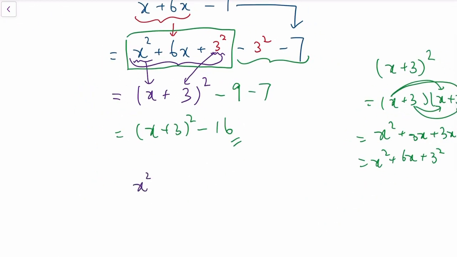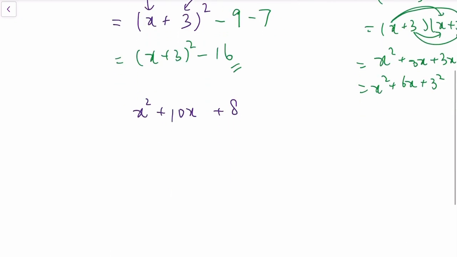Now let's try one more. x squared plus 10x plus 8 maybe. If you want, you can pause the video now to try. If not, I'll do it. So we add a square and then take it away.